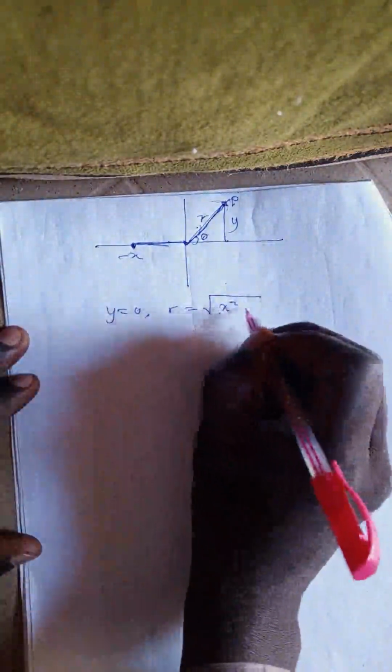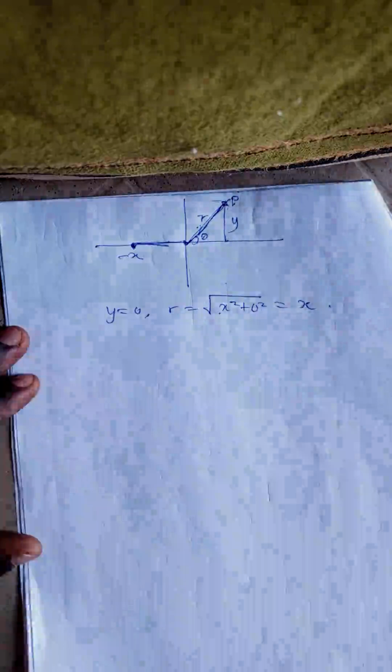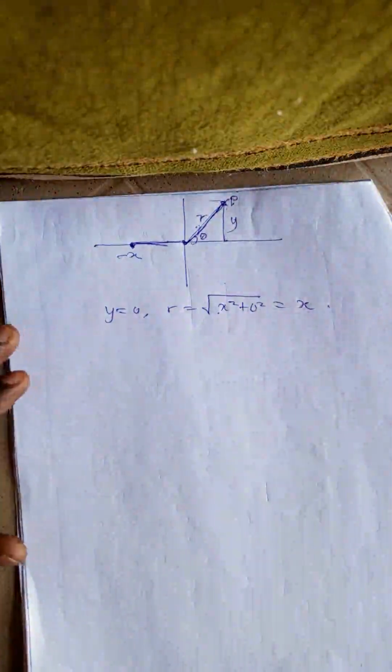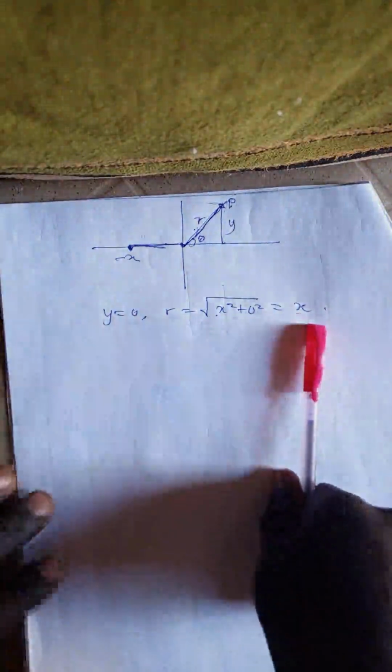And so, when this happens, the line y will be compressed and come to 0. So here y is equal to 0. And so you have r is equal to the square root of x squared plus y squared. But y is equal to 0, so you have plus 0 squared, and so r is equal to x.